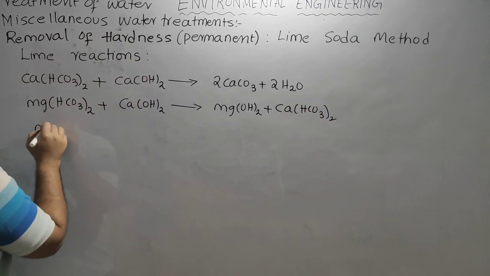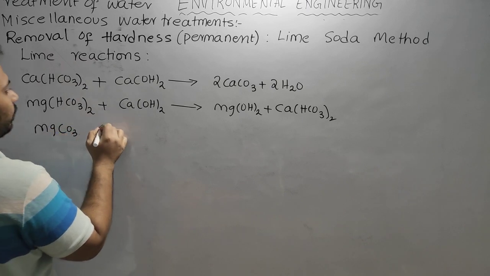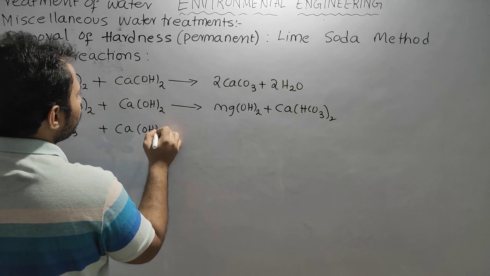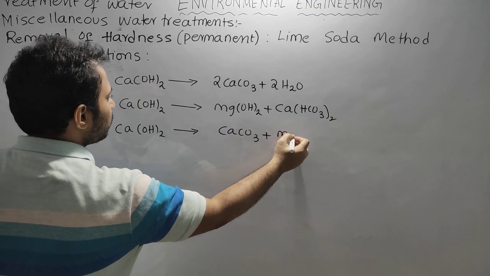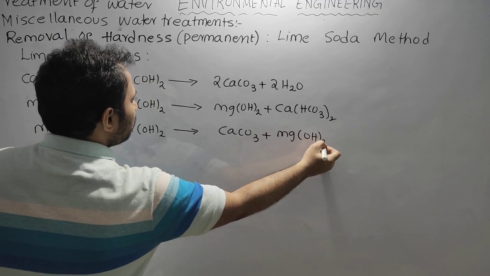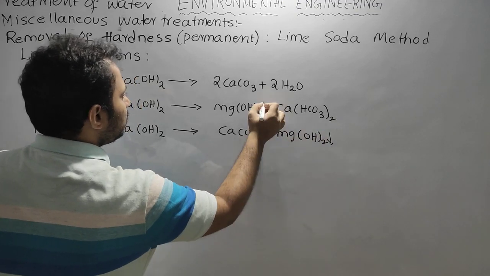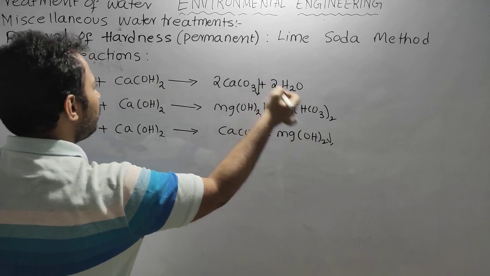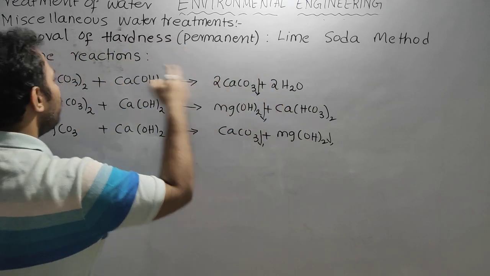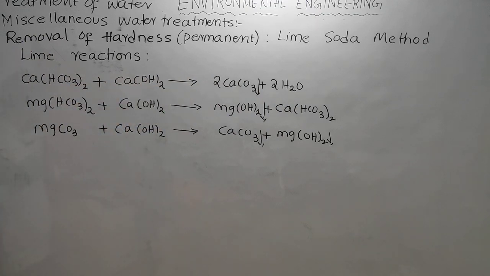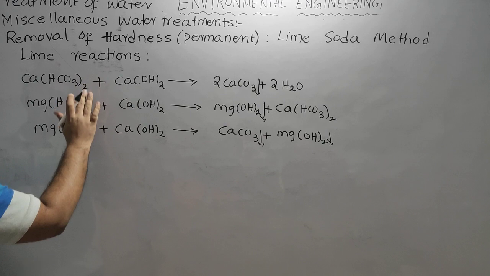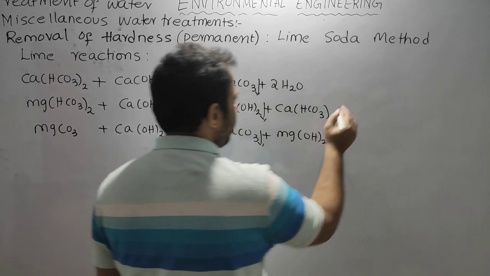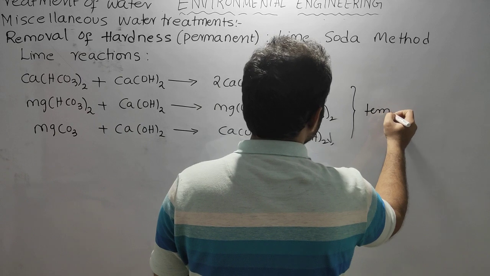Next, MgCO3 reacts with Ca(OH)2 and directly gives CaCO3 plus Mg(OH)2. These are precipitates, and the Ca(HCO3)2 reacts again and forms a precipitate. These are the lime reactions for temporary hardness.